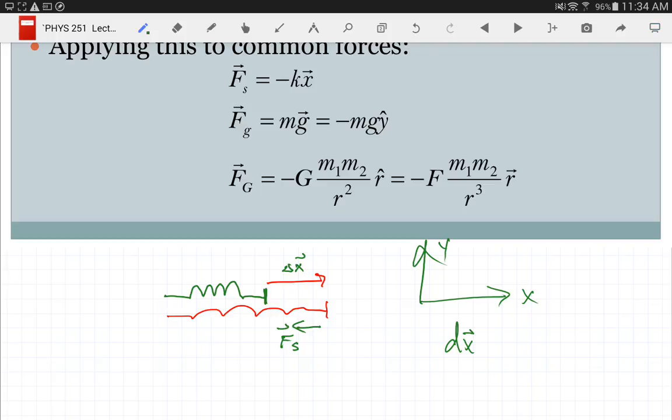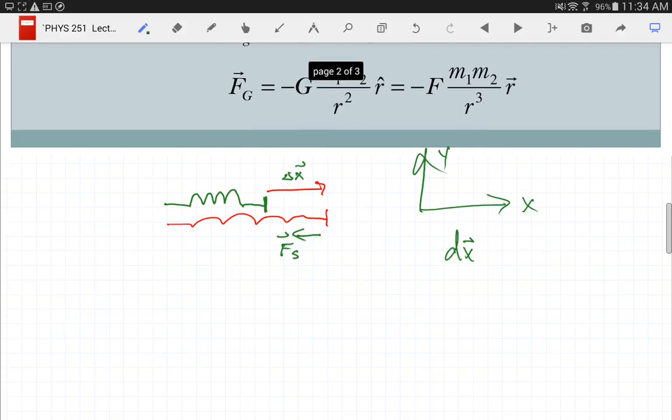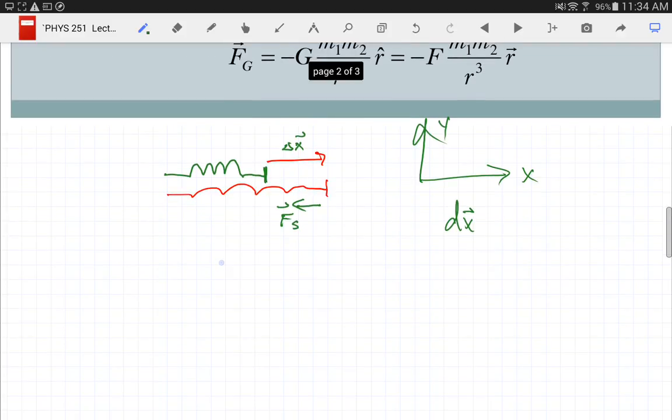Okay, by definition, the dx is going to be in the positive x direction. Now, I can have my limit such that I'm going the other way, but by definition, it would be that way. And once again, I saw your finger pointing, Ann, and I was like, no, oh, wait. Yes. Okay, so the dx is going to be to the right, and the force of the spring is to the left.